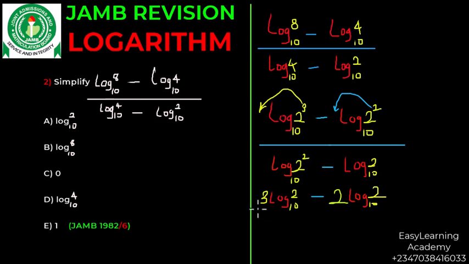So we're done with the numerator, and we now solve for the denominator. The power 2 here will move over here, and that will become 2 times log 2 base 10.